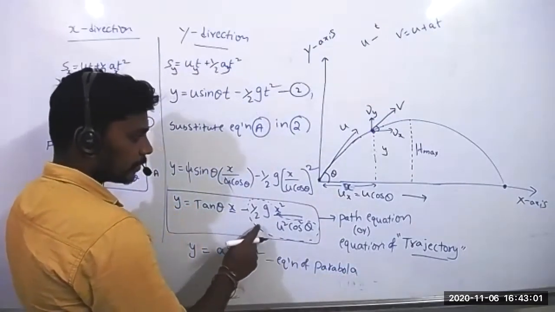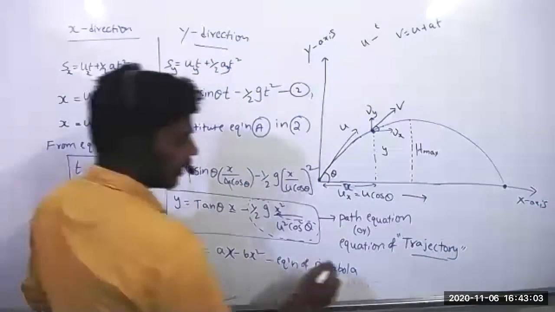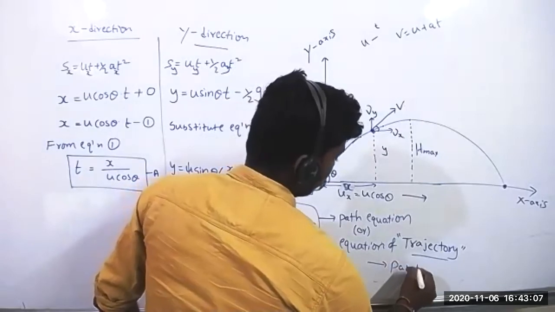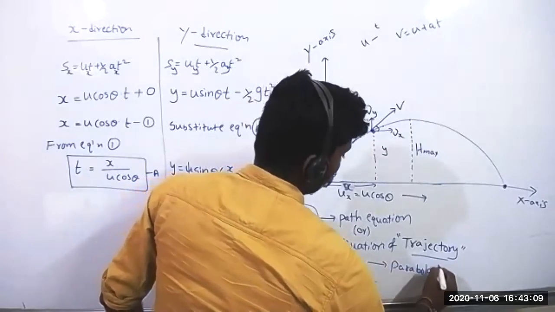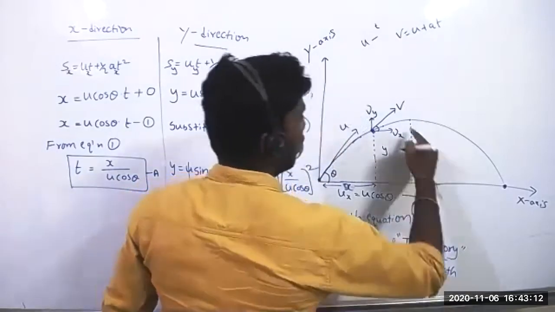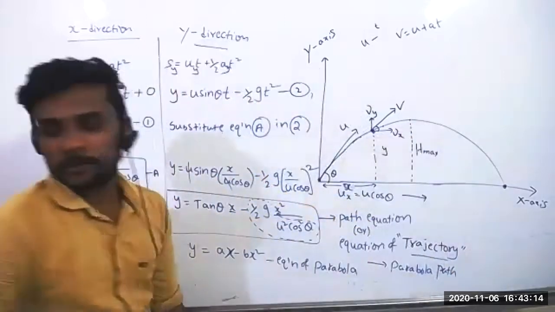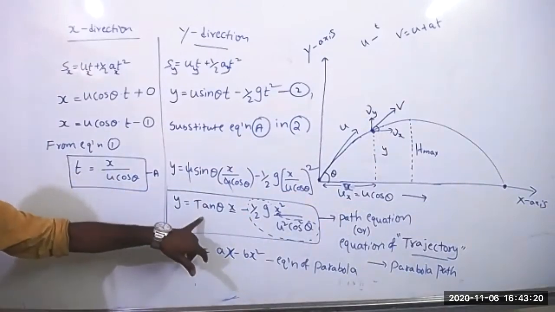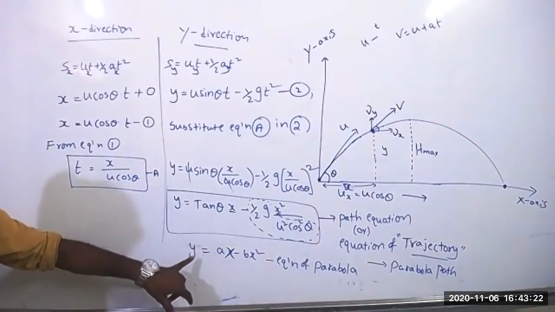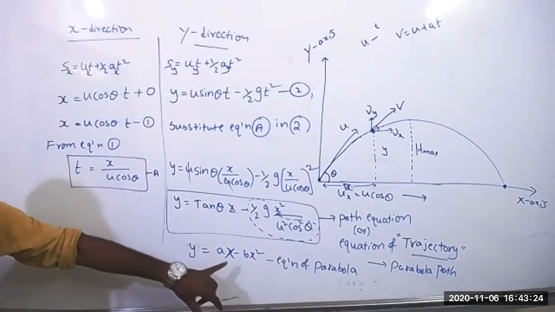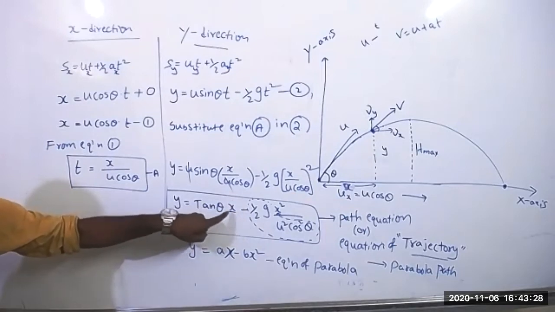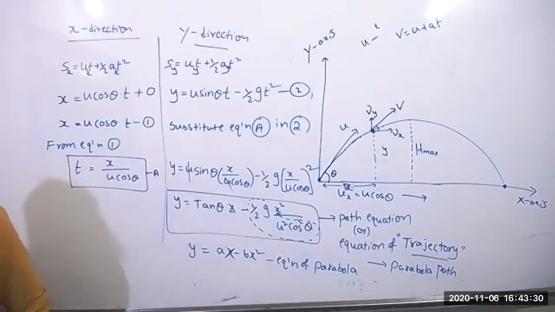So this path is the parabola path. It is not a curved path, it is a parabola path, because whatever equation we got, we compared with the parabola equation. According to that, we got that this path equation is a parabola path equation.